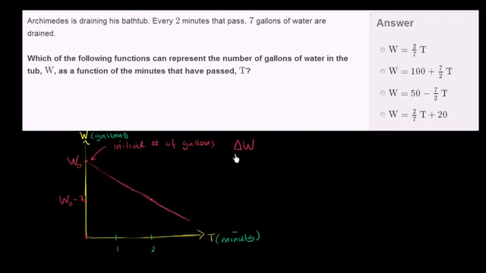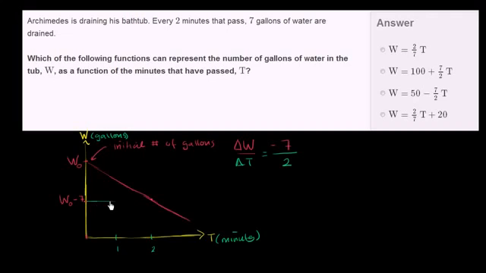So our change in W for a given change in time. Well, we know that when time increases by 2 minutes, W decreases by 7 gallons. Because it decreases, it's going down. This is a downward sloping line.